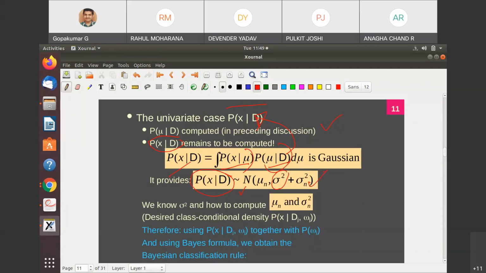That is again uncertain, because it depends upon which mu value we have taken. So it is brought in as a term of uncertainty, sigma square plus sigma n square. That is why this representation comes.